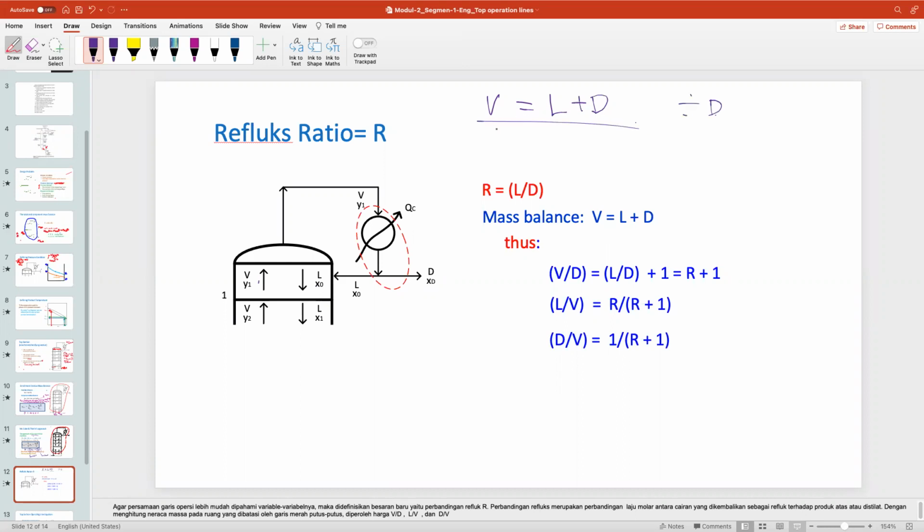Okay, so then V divided by D equals L divided by D plus D divided by D. And we know that L over D is the reflux ratio.